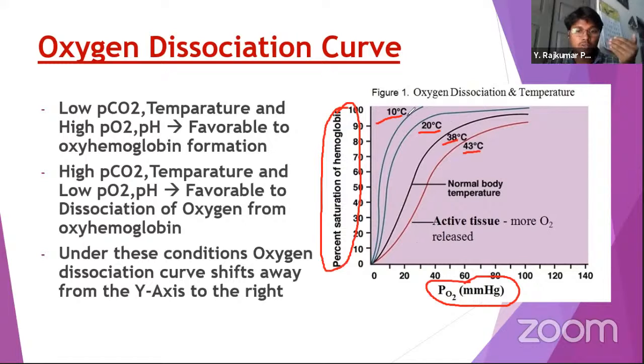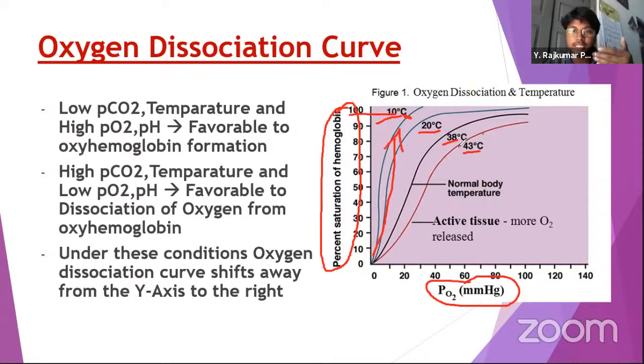When the temperature is low, the oxygen binds a lot. That means the curve is shifting towards the y-axis. When the temperature is 10 degrees, 20 degrees, when temperature is low, the saturation of oxygen is high. That means oxyhemoglobin formation is high.